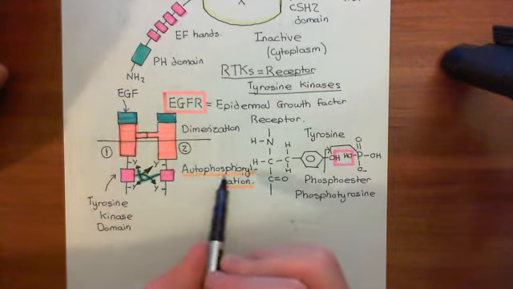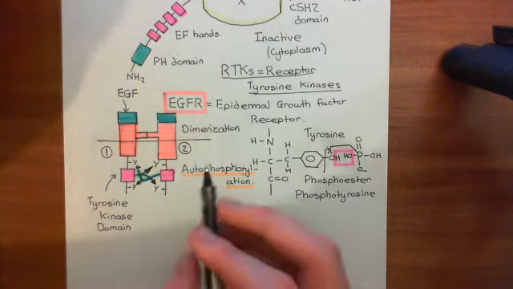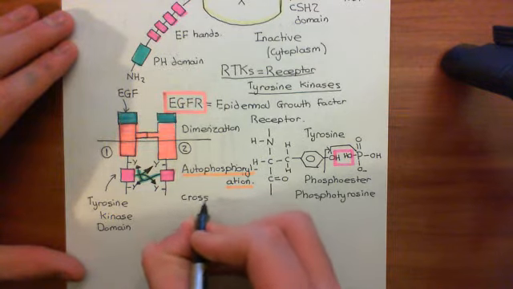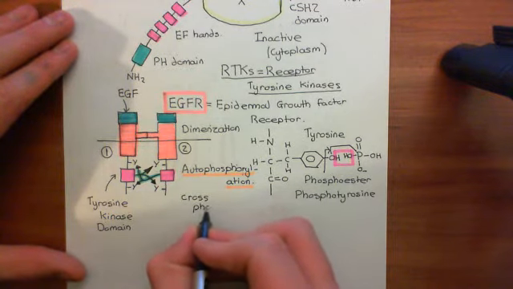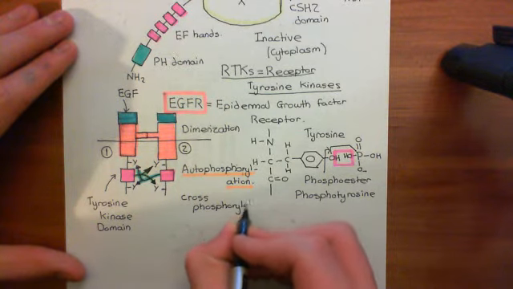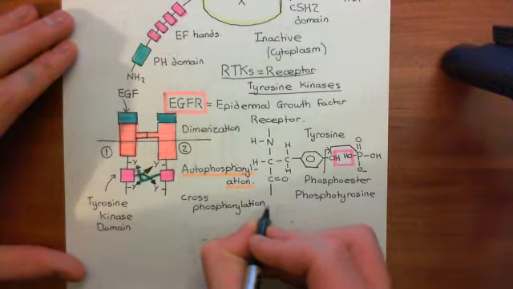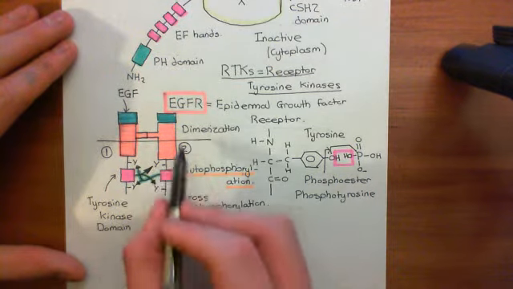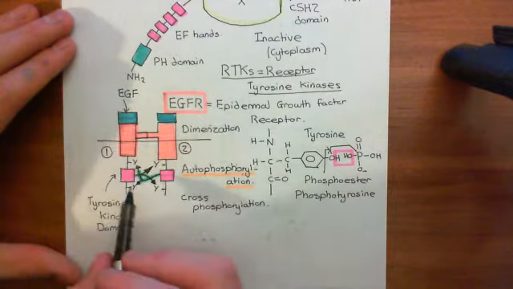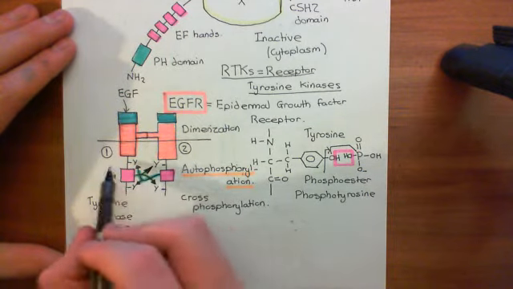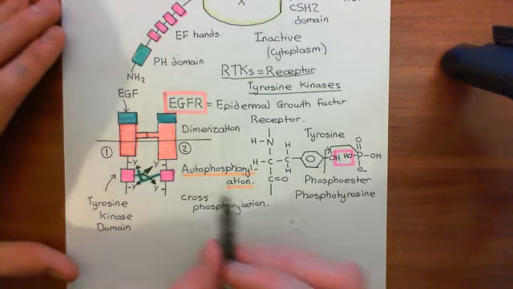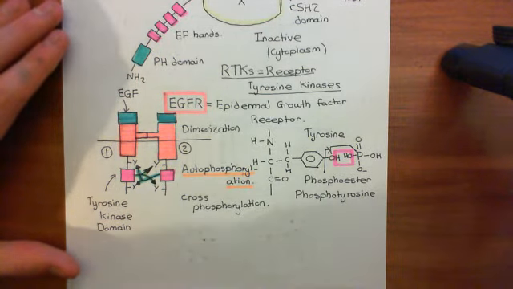So it doesn't seem as though it's self-phosphorylation. It seems more as though it's cross-phosphorylation, and some people do indeed call this cross-phosphorylation instead of autophosphorylation. However, the reason it's called autophosphorylation is you view the dimer of epidermal growth factor receptors as being one entity in itself, and therefore it is effectively phosphorylating itself. So that's why it's called autophosphorylation.